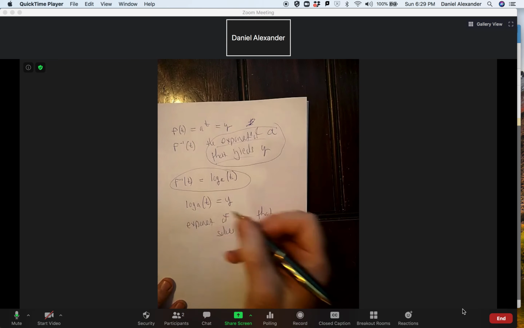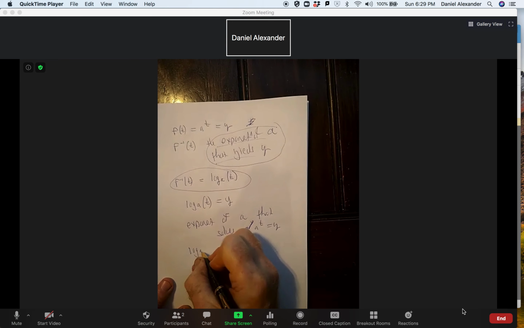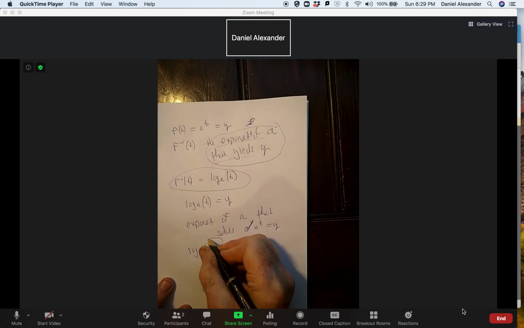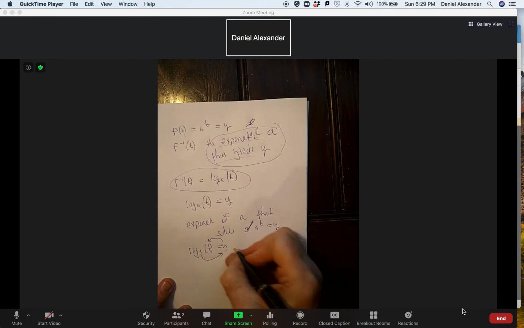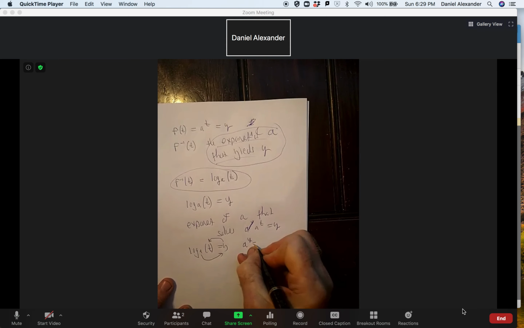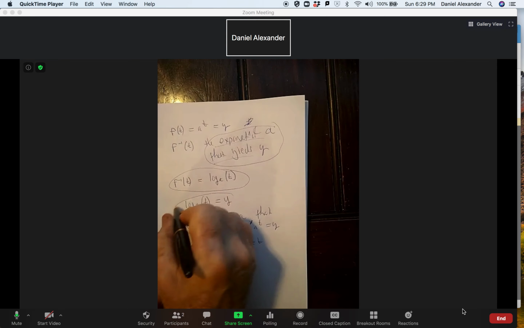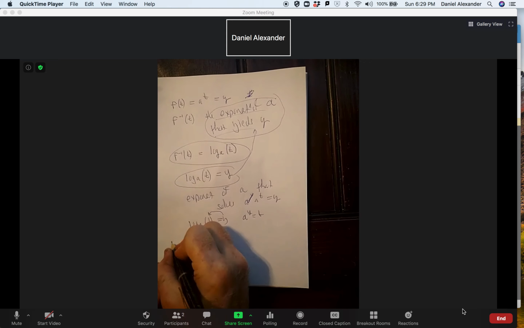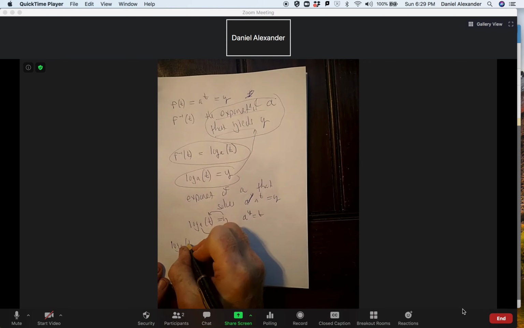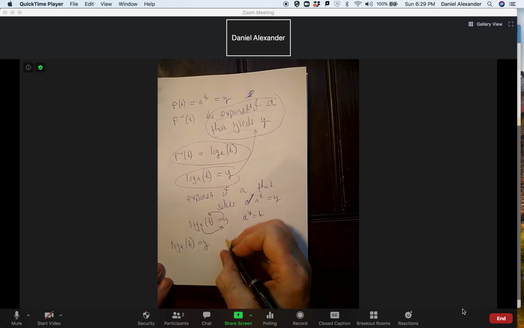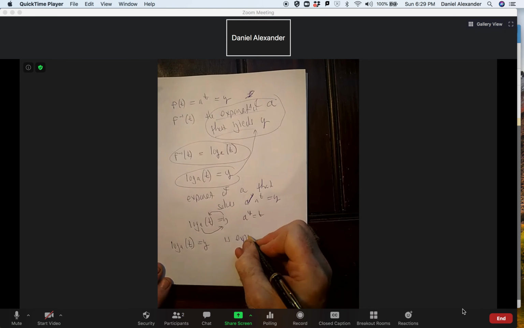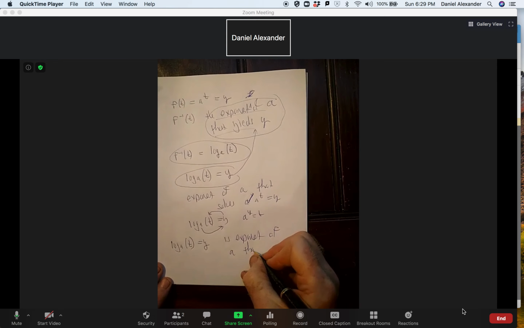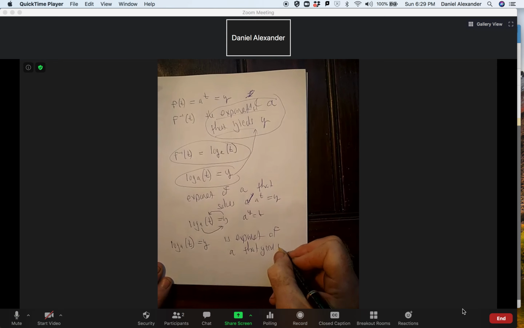So the way that I remember this is when I see a log and I write that, I kind of make this kind of recycling circle, and a to the y equals t. Okay, so when I see this log, I immediately think of that. So I'm going to say it one more time. The log base a of t equaling y is the exponent of a that yields t.